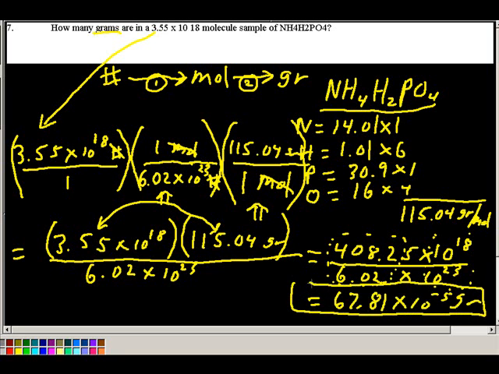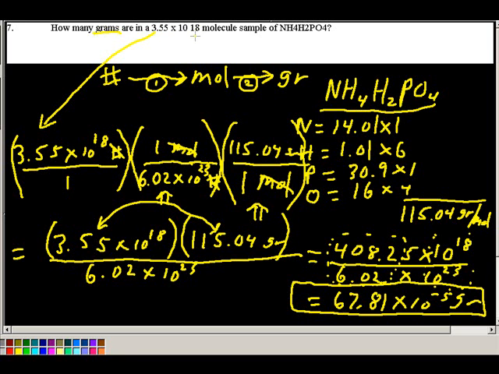And as always, we should check this. So take a look up here. 3.55 times 10 to the 18th. 1 mole is 6.02 times 10 to the 23rd. Wow, this is a very small number compared to 10 to the 23rd.